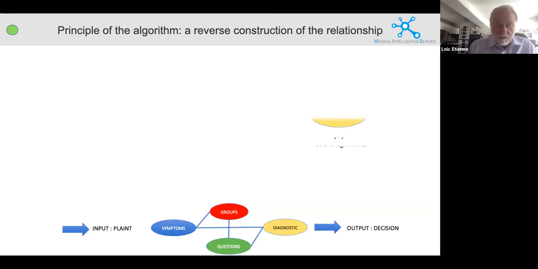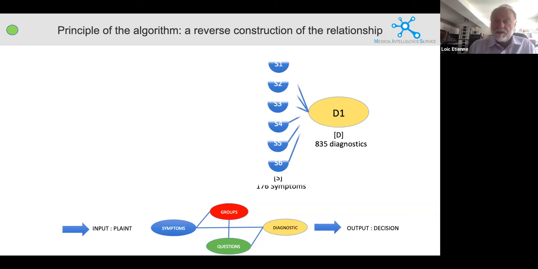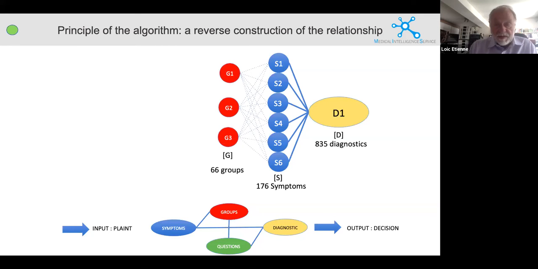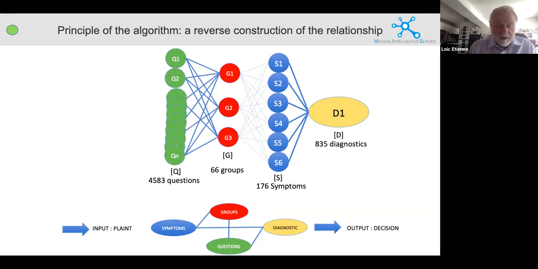In MedVir, we treat 835 diagnoses with only 170 symptoms, and there are only 66 groups of questions for actually 4,583 questions. That is to say, a lot of links that are named synapses.